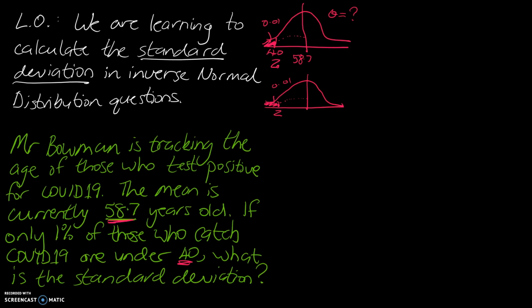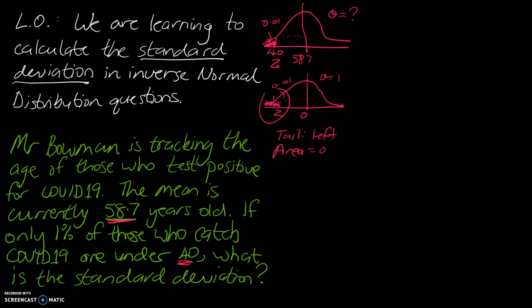In a standard curve, we know the mean is 0, and we know the standard deviation is always going to be equal to 1. Based on our calculator approach, we know the tail is going to be left because we're dealing with the left side of the data.